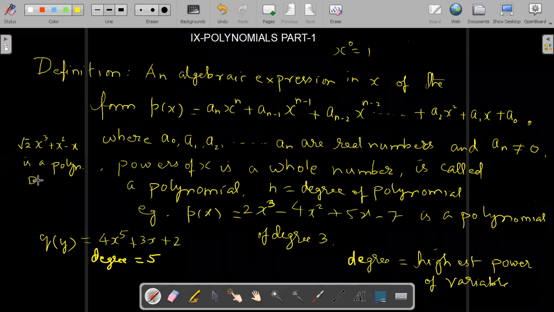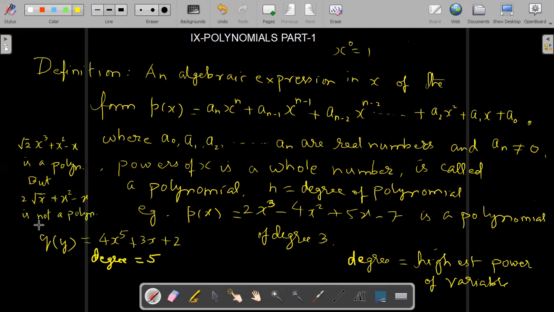But if the power is not a whole number, suppose you have written 2 root x, so x is to the power 1 by 2, plus x square minus x, it is not a polynomial. So the only thing that we have to check is the power of x.